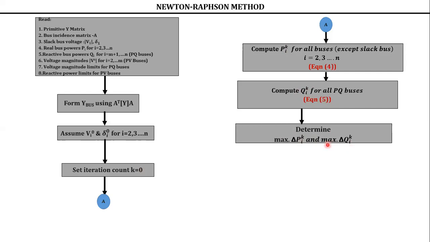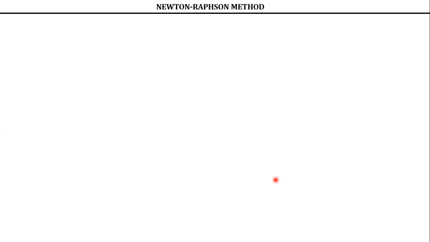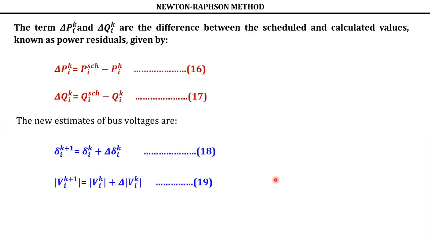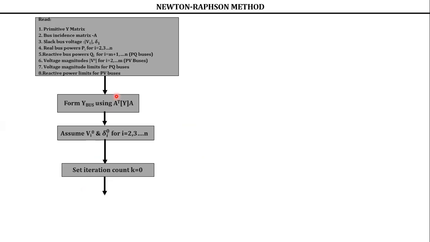How to calculate these power residuals? You know that; I gave the equations, isn't it? That is 17 and 18, which I just explained for delta Pik. Here you can see, I will go back and show it. This is the equation, delta Pik and delta Qik, equations 16 and 17. So using these you can compute.